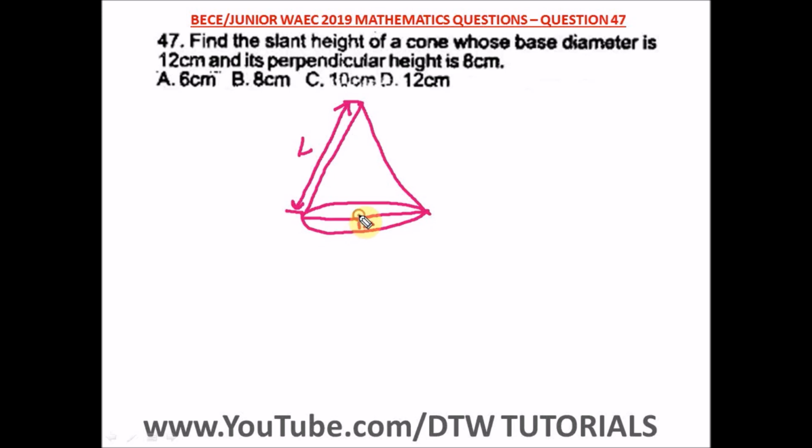To get the radius, it is half of our diameter, so the radius is 6 centimeter. And it says its perpendicular height is 8 centimeter.